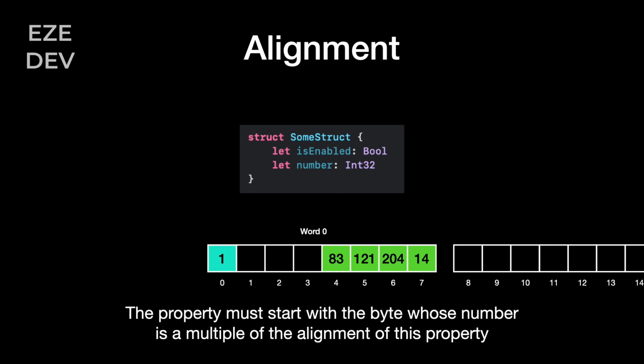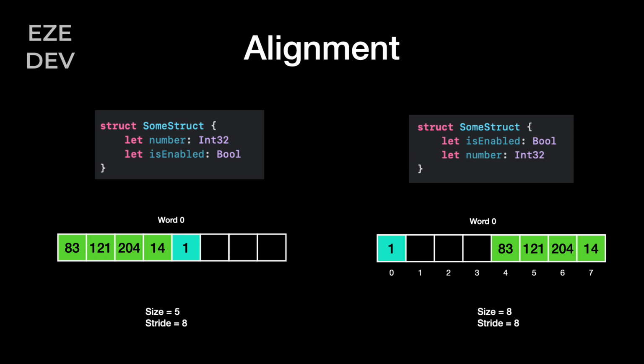Byte 0 is already occupied by the boolean property, so Int32 shifts to the 4th byte. That rearrangement will affect the size of the structure. We can see that the first structure was assembled more efficiently because its size was 5. By swapping the properties, the size of the second structure increased to 8 bytes. We have 3 empty bytes that are not occupied by anything.